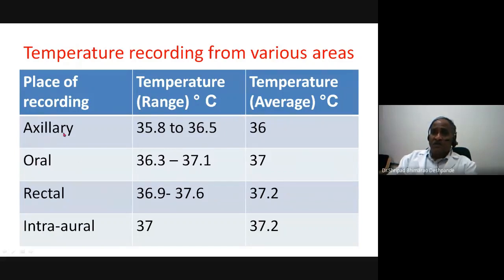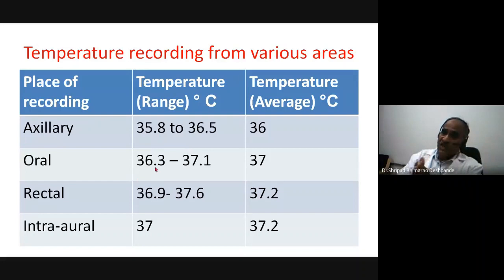Then we can record the temperature by placing a clinical thermometer in the mouth, sublingually, underneath the tongue. You have to keep it there for a while so that the bulb takes up the temperature.